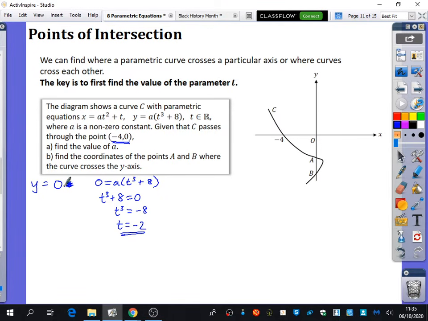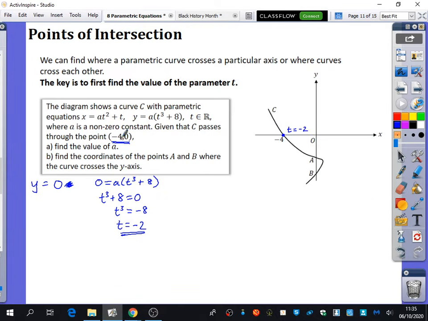So I knew that y was 0, and that told me that t was -2. So at this particular point here, t is -2. Remember how I said on the previous bit that you can't see what t is at particular points on the graph? You have to do some work to find out what it is. It's the thing that's in the background.